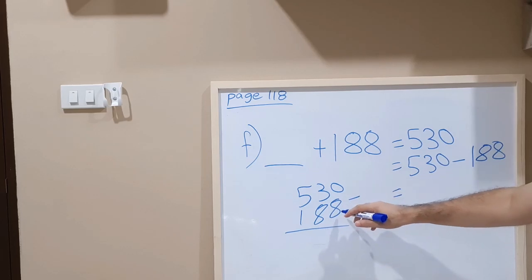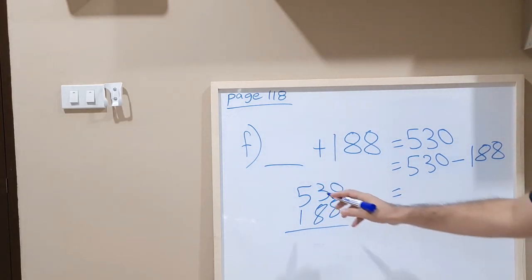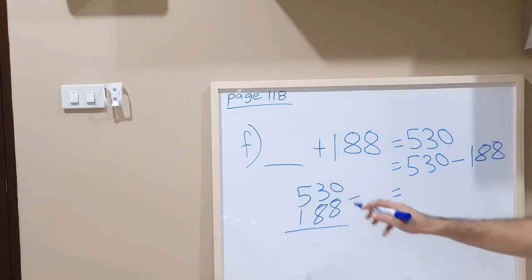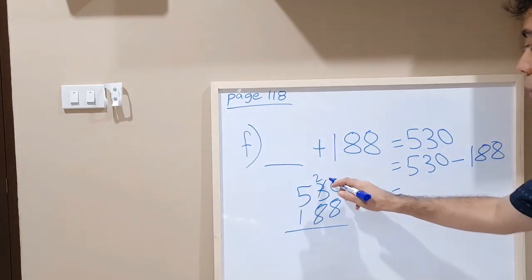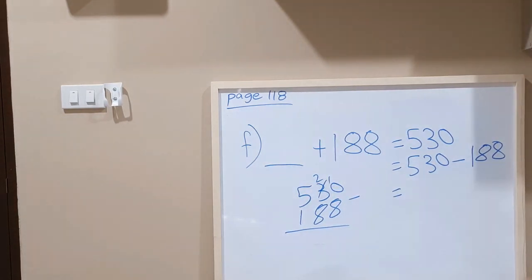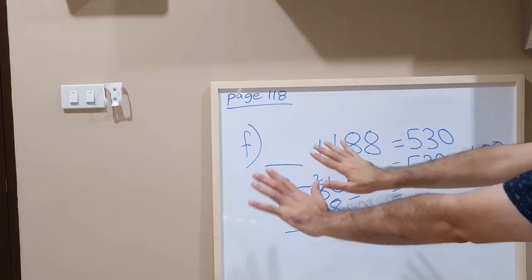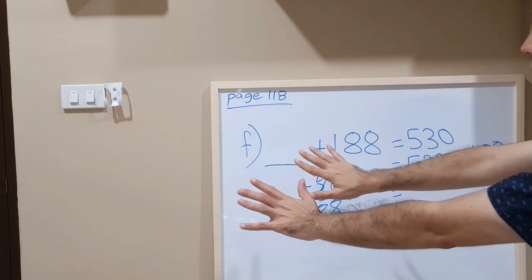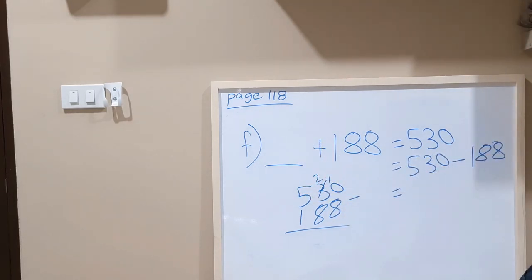0 minus 8 cannot be. So we borrow from the neighbor, the number 3. So 3 will become 2. And 0 from the ones place will become 10. Now we can subtract. 10 take away 8: 5, 6, 7, 8, will give you 2.